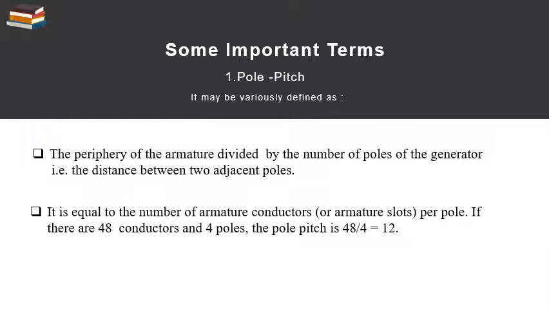Another definition of pole pitch is that it is equal to the number of armature conductors or armature slots per pole. For example, if there are 48 conductors and 4 poles, the pole pitch is 48 by 4 equal to 12. So by using this simple method, we can easily calculate the pole pitch.